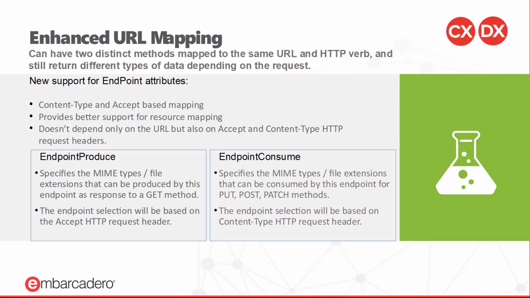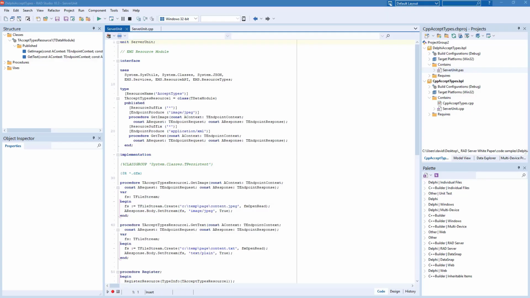We'll take a look at a simple example of using the endpoint produce attribute. Here we have Delphi and C++ examples that use the endpoint produce attribute to specify different types of information that the methods can handle. So here in the Delphi code, we have our resource name called accept types.